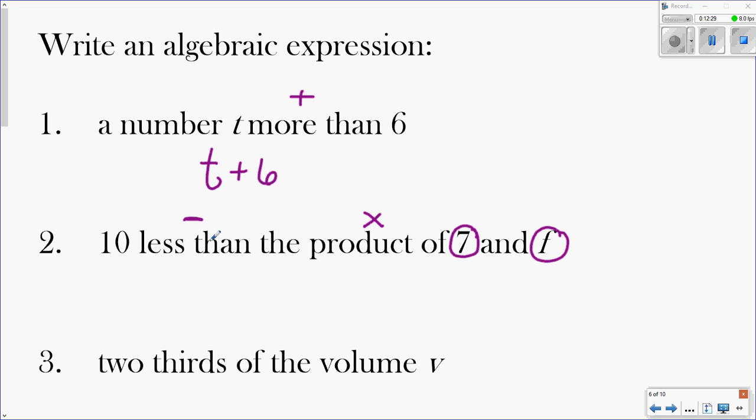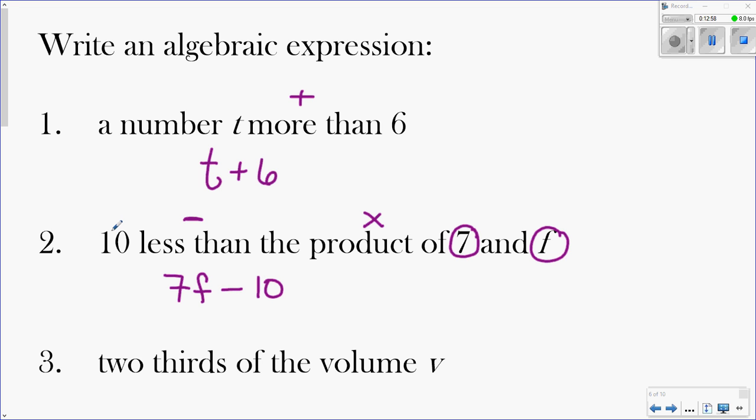I know it's tricky, but the more you do this, the better you get. So it says 10 less than the product of 7 and f. So we have 7 times f. You can put the dot for multiplying, but I'm just going to write it 7f. And it says less than, minus 10.